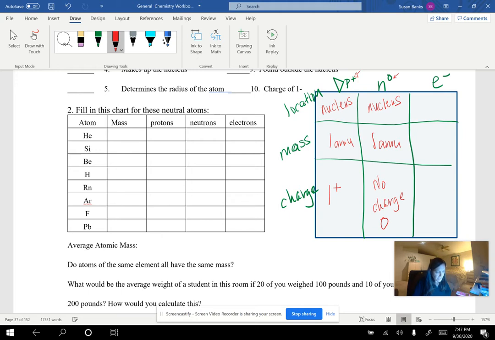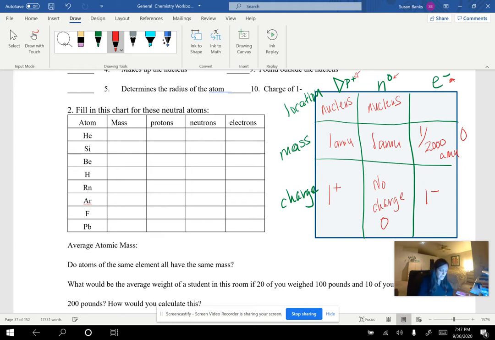Okay? Electrons with this little negative sign here, that should give you a hint to the charge. It's a -1. Okay? Electrons essentially are massless. They are about 1 out of 2,000th of an AMU. They're very small. So when we talk about mass, we essentially count this as a mass of 0 because it's so small.